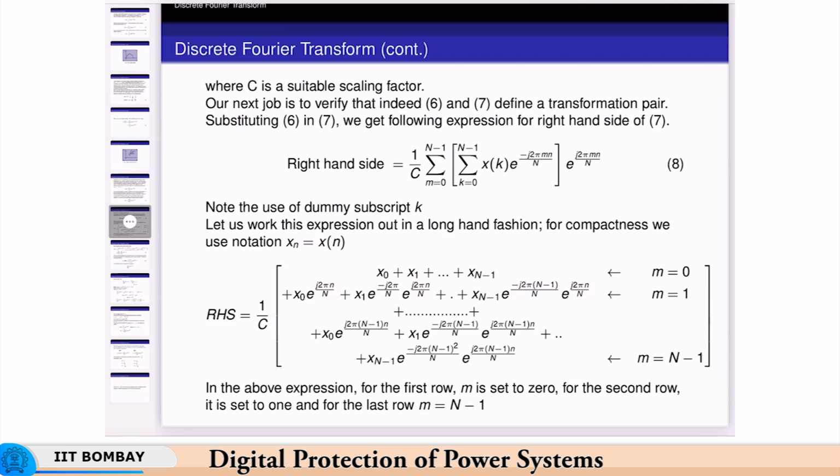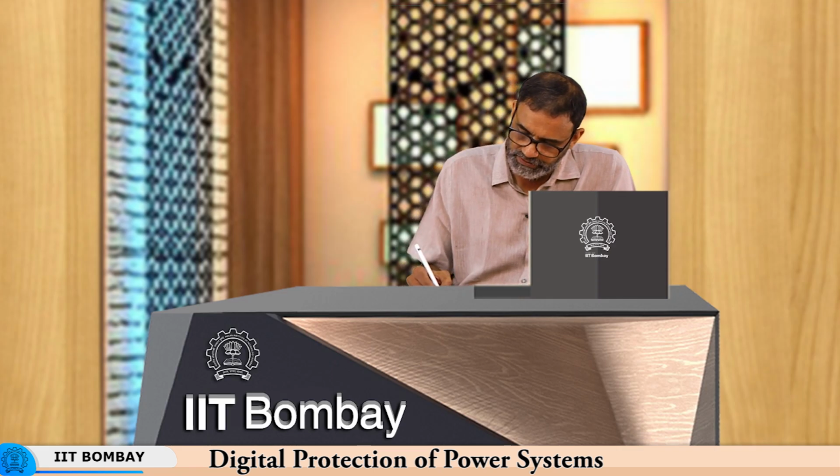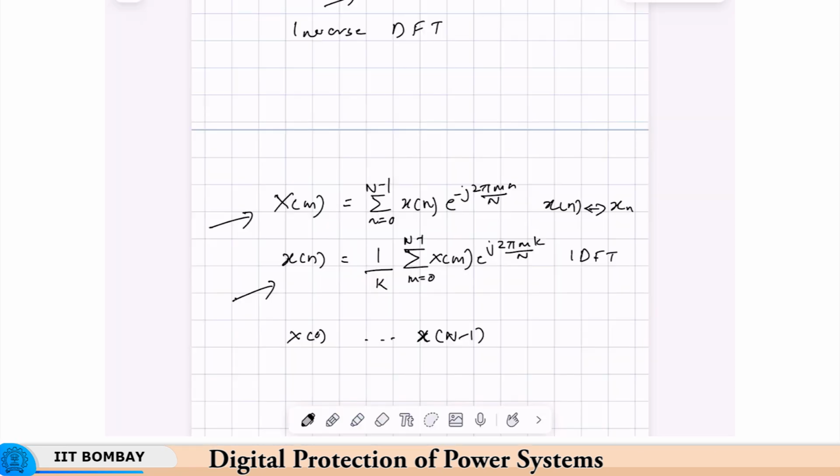One thing to notice here is, what we will do is to prove that this is an inverse DFT. We will plug in the value of xm from here, okay, and then show that it indeed is, and I am sorry, then this should have been xk.